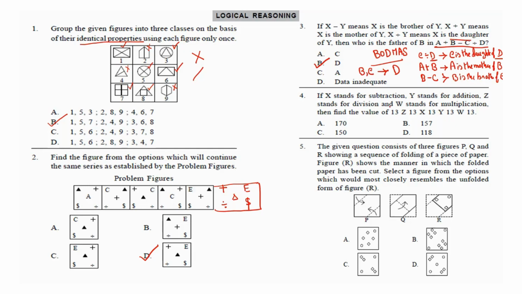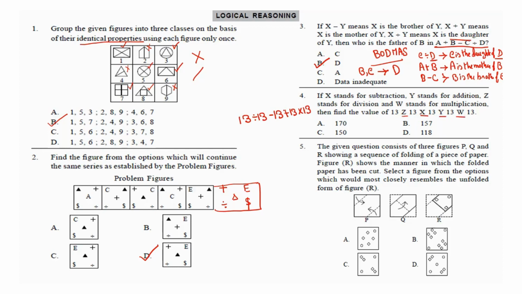If X stands for subtraction, Y stands for addition, Z stands for division, and W stands for multiplication, then find the value of 13Z13X13Y13W13. So let's write it down. 13Z means 13 divided by 13, minus 13, plus 13 into 13. In this place we are just writing the symbols.